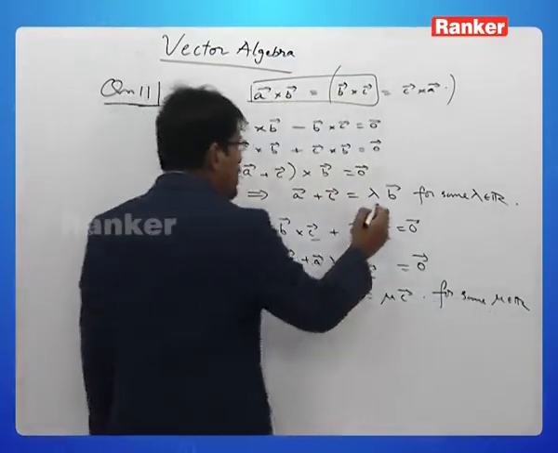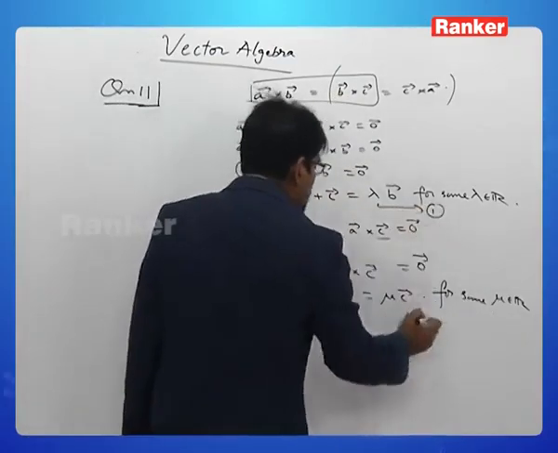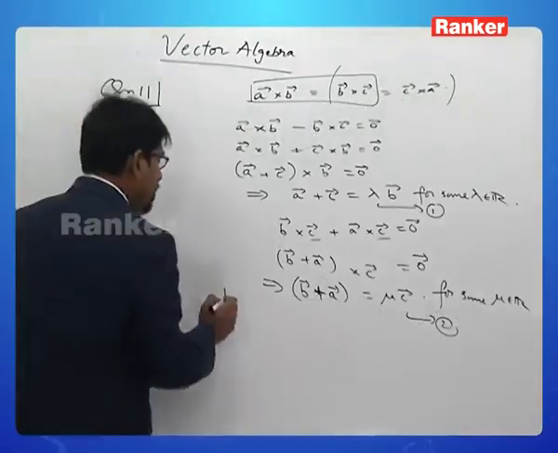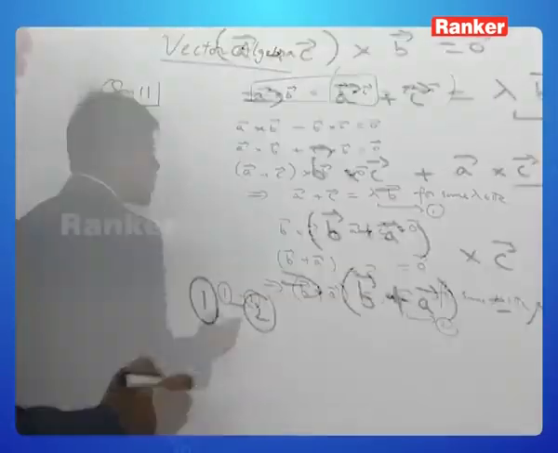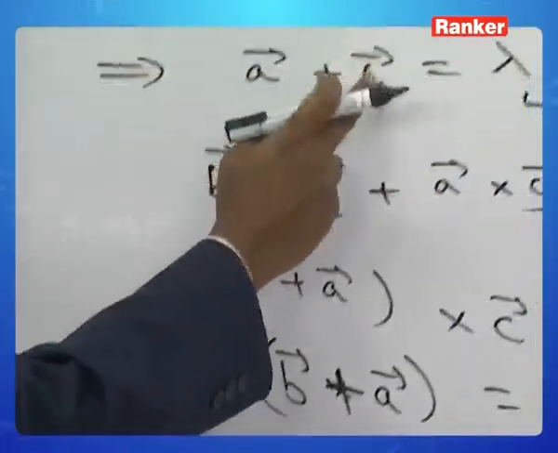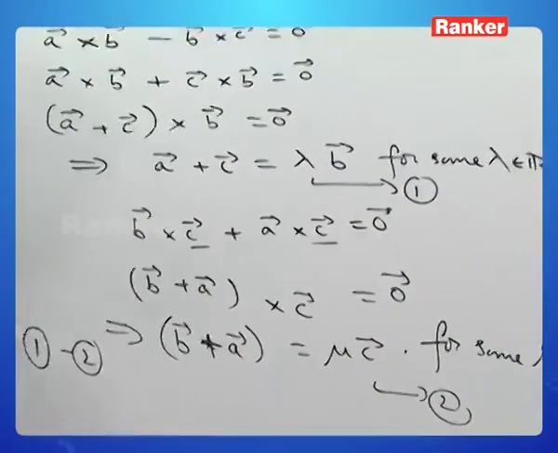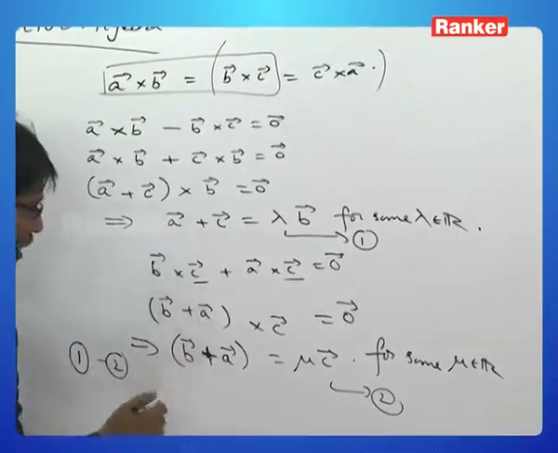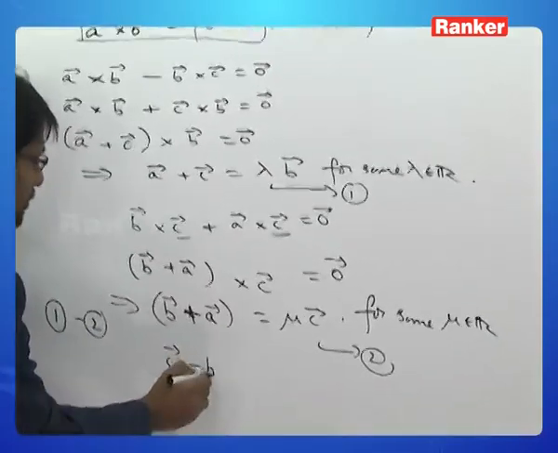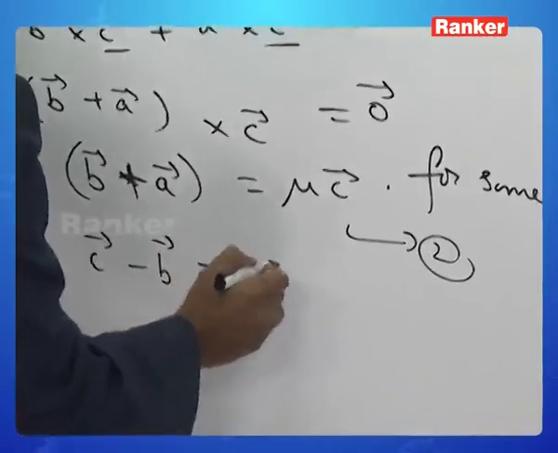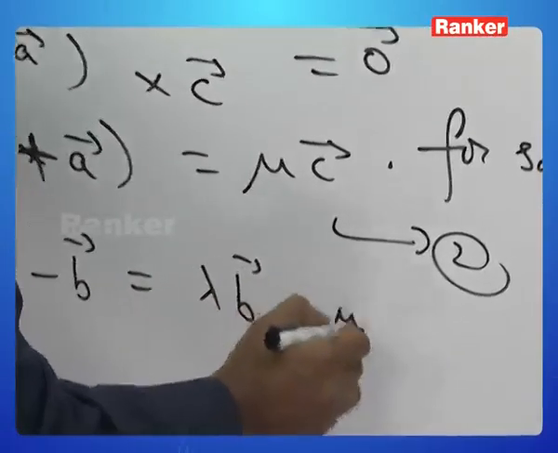Now what you could do is, from the equations 1 and 2, subtract 1 from 2. Let's go for 1 minus 2. So what do we have here? We have a bar plus c bar, and therefore we can write c bar minus b bar to be equal to lambda b bar minus mu c bar.